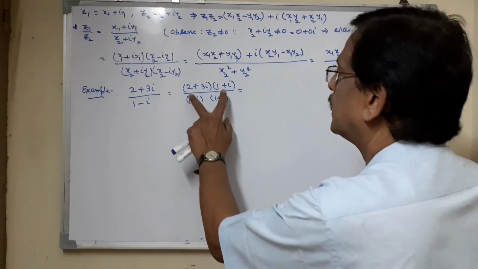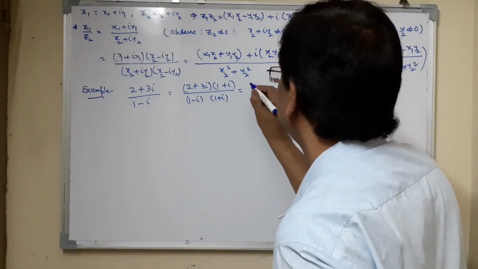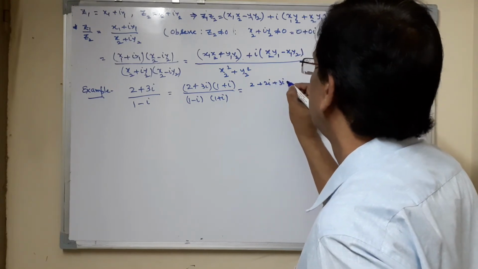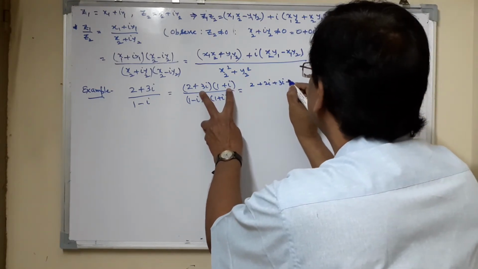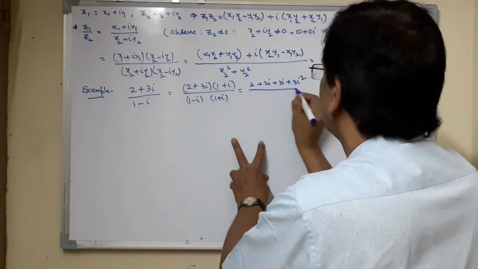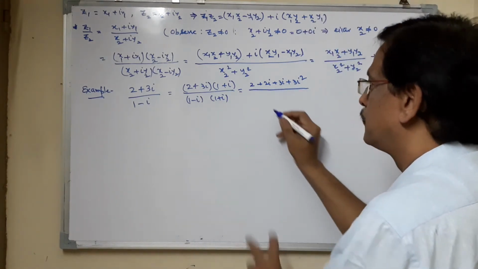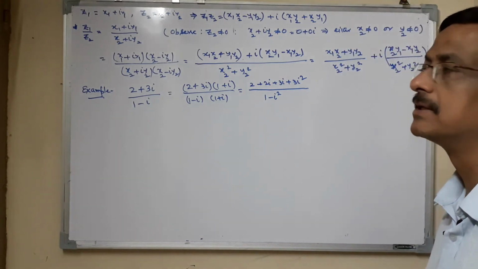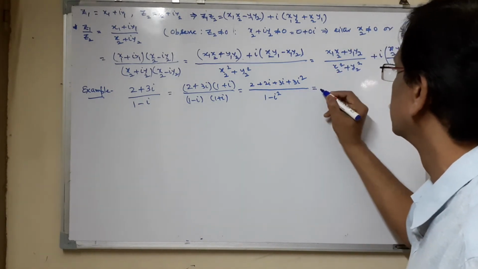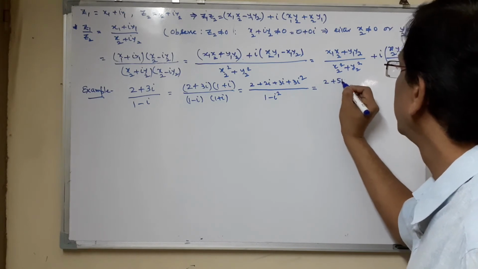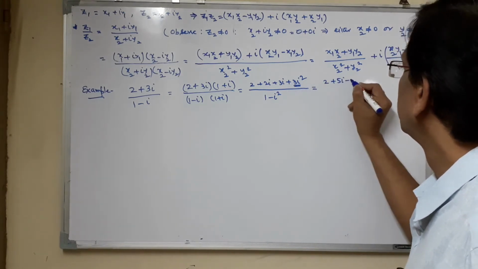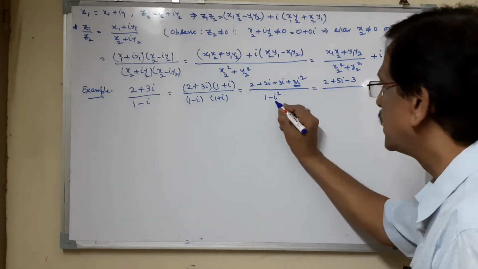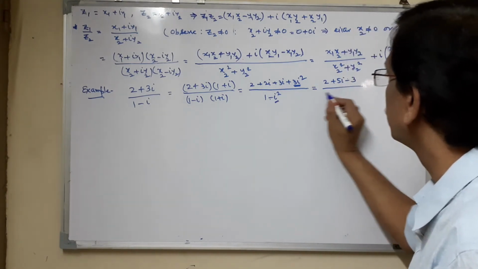Let me multiply 2 into 1, 2 plus 2i plus 3i plus 3i square, by 1 plus i into 1 minus i, which is 1 minus i square. For a plus ib, (a minus b) into (a plus b) is a square minus b square. This is equal to 2 plus 5i, 3 into i square is minus 1, so you will get minus 3, by, i square is minus 1, so minus of minus is plus, 1 plus 1, 2.